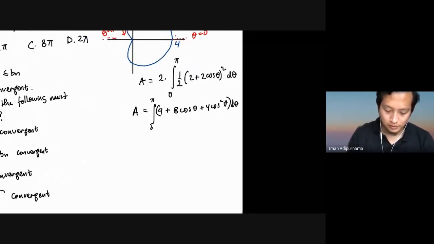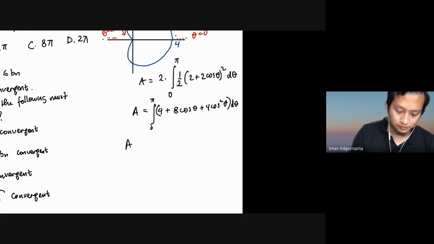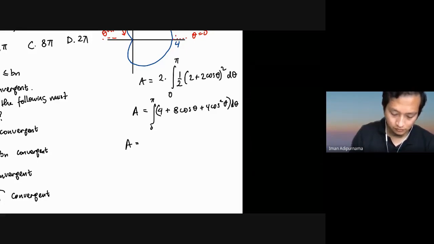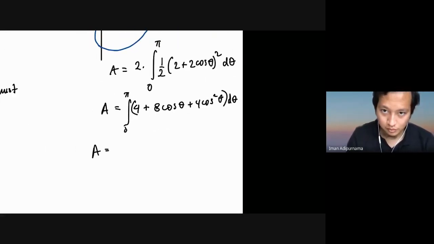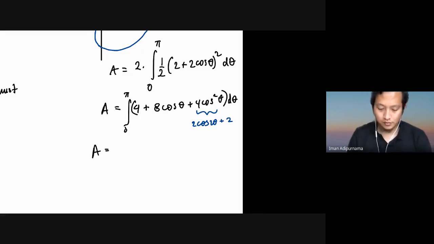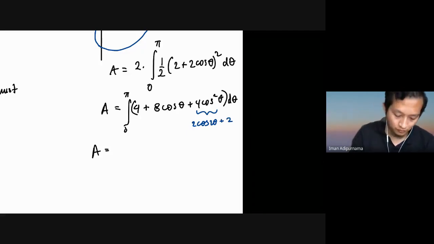Now you have these equations, and you need to rewrite this in terms of the double angle formula.